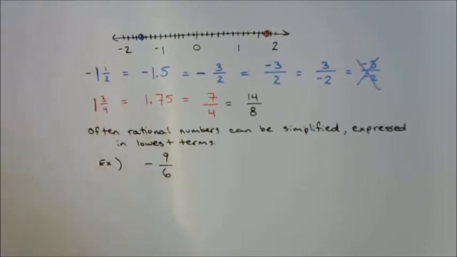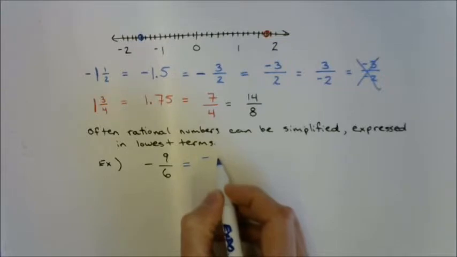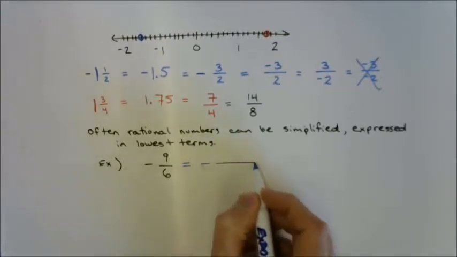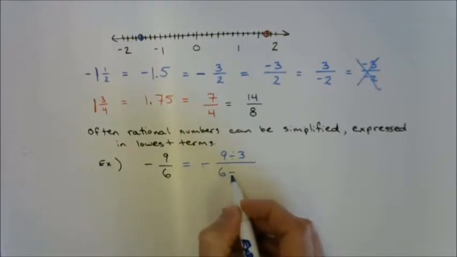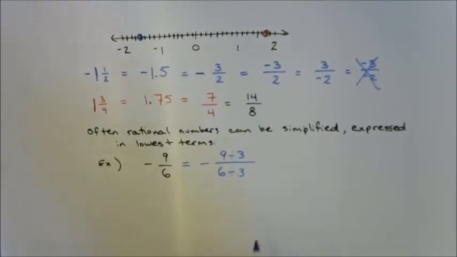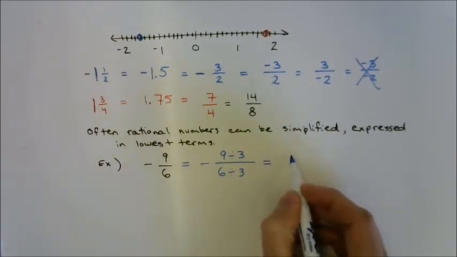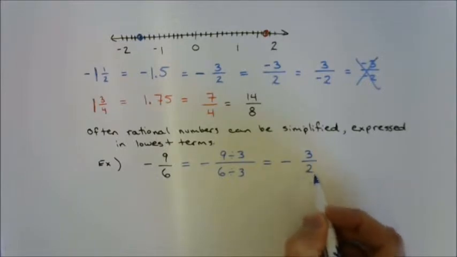What would we do to reduce that into lowest terms? We could divide the numerator and the denominator by 3, by their greatest common factor, which would give us negative 3 over 2.